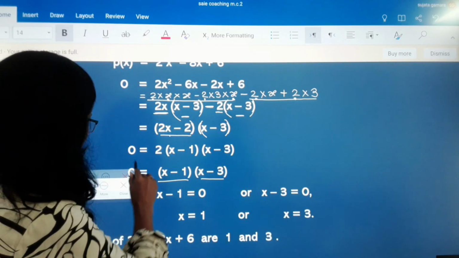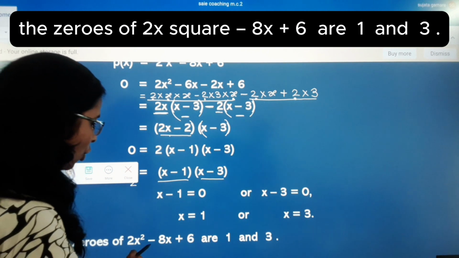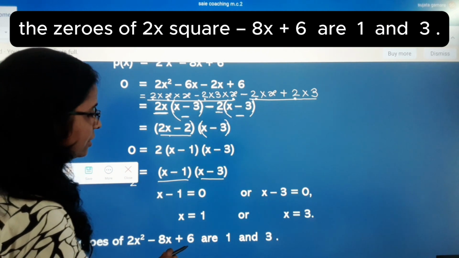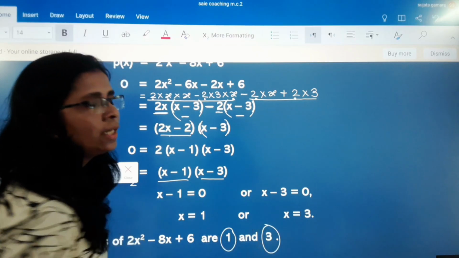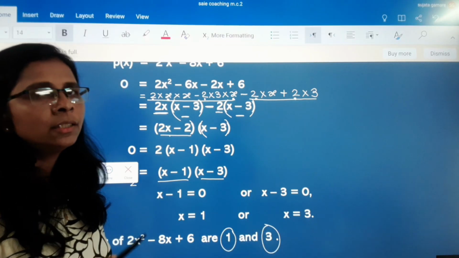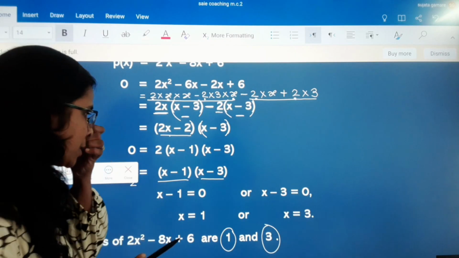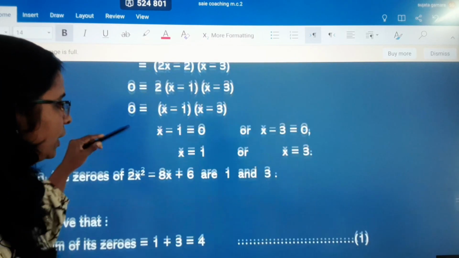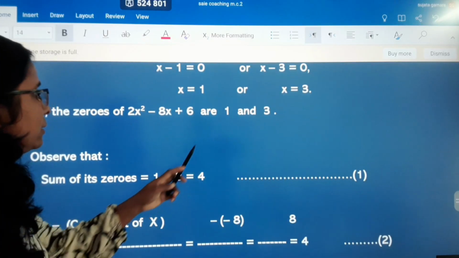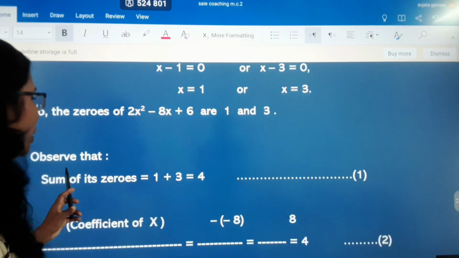So here we can say that the zeros of 2x square minus 8x plus 6 are 1 and 3. Okay. So we get the values or the factors of this polynomial. Now see that these are the zeros of the polynomial.